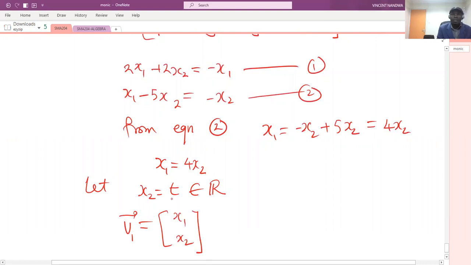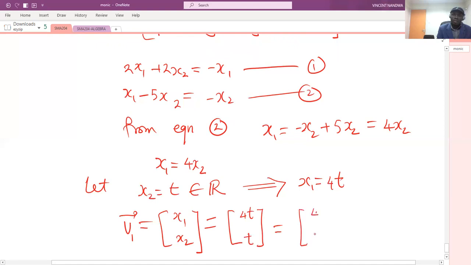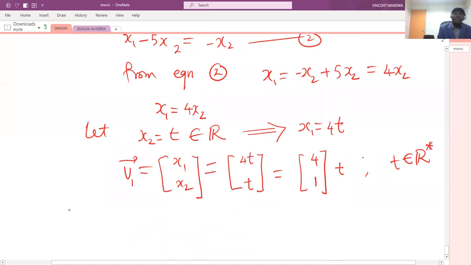Remember, by saying x2 equals t, you mean x1 equals 4t. So this will give us 4t and t, which is just the same as 4, 1 times t. For it to be an eigenvector, you remove the possibility of having a zero vector, so pick any real number that's not 0. Setting t equals 1, then v1, which we call the basis eigenvector, will be 4, 1.